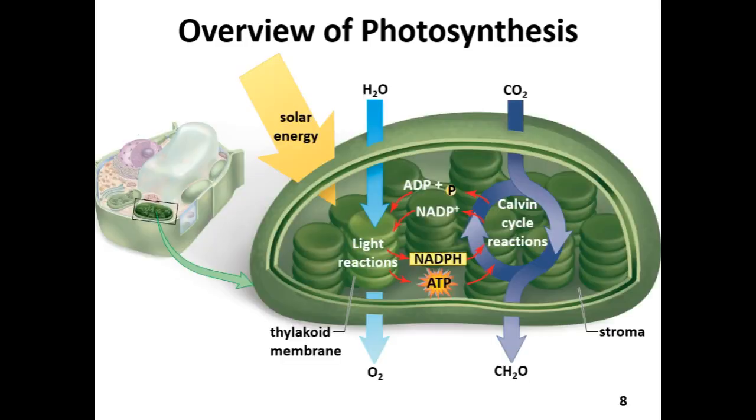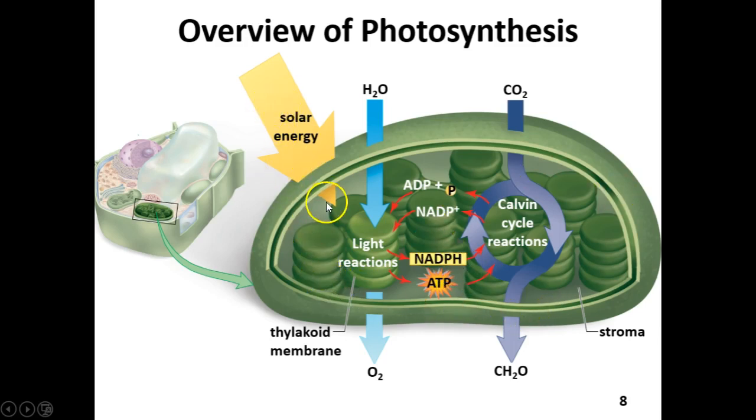And again, just so you recall where everything occurs, water is taken in, and water will enter the thylakoid within the chloroplast. Carbon dioxide is taken in. Carbon dioxide enters the stroma of the chloroplast.